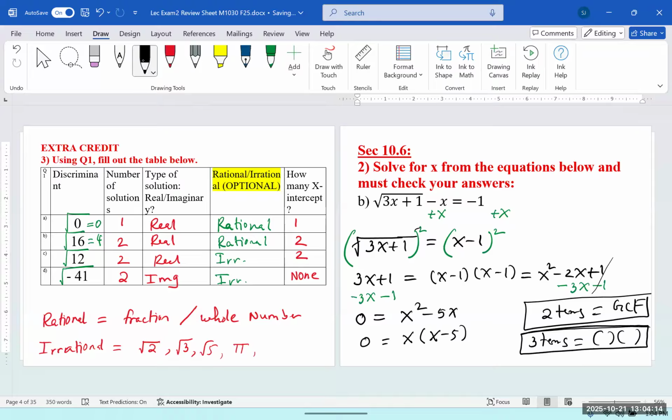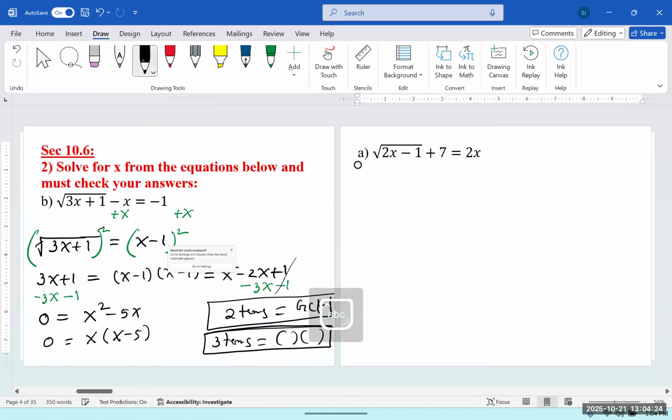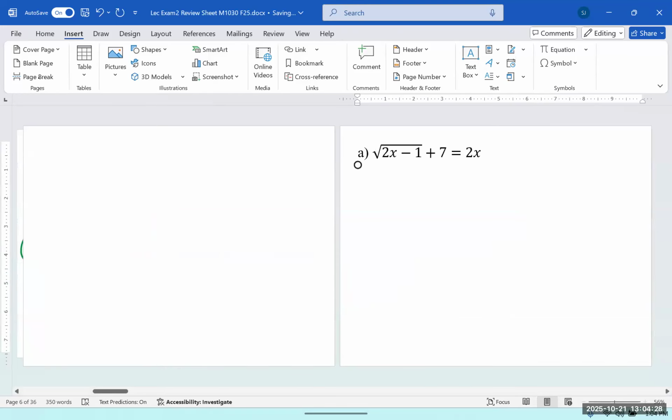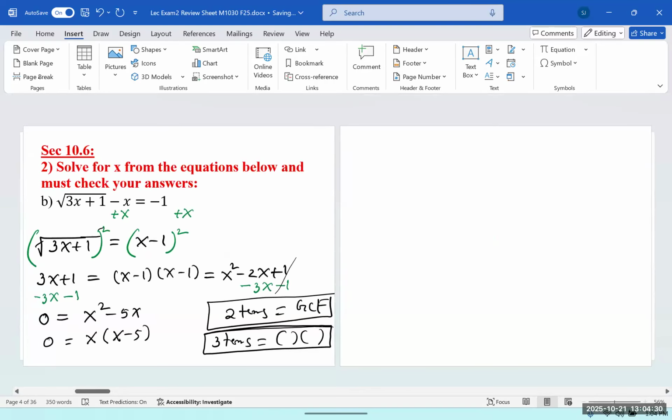We can only take out GCF, which means greatest common factor. Two terms means GCF. Three terms means binomial factors. And then what do we do with these factors? x equals 0, x minus 5 equals 0. This is already solved, so we keep it. And what do you get from x minus 5? 5.